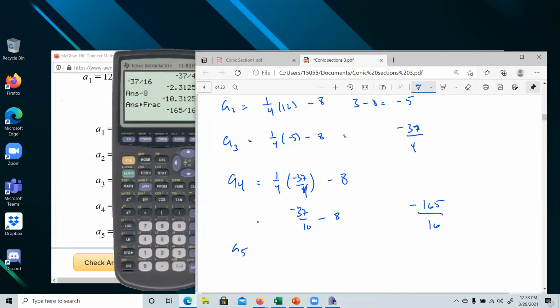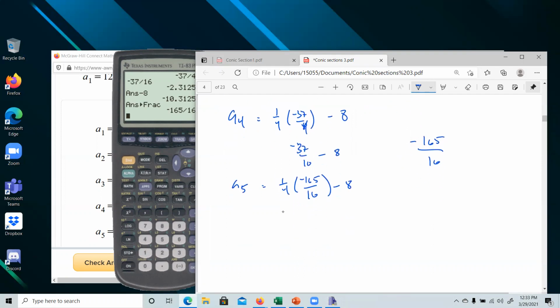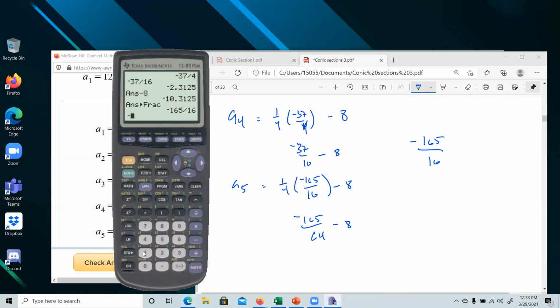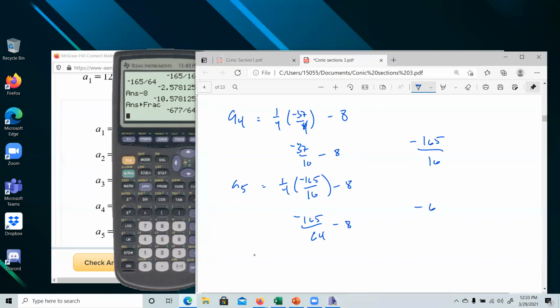And then a5 is 1/4 times negative 165/16 minus 8. So negative 165/16 times 1/4 is negative 165/64, minus 8. So we get negative 677 over 64.